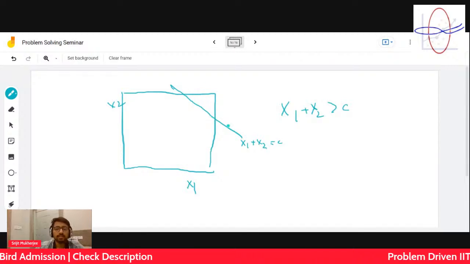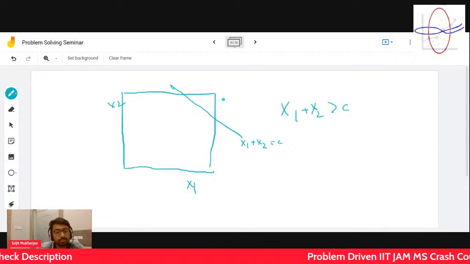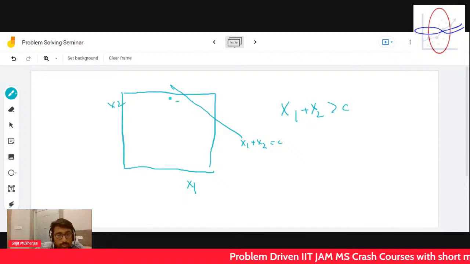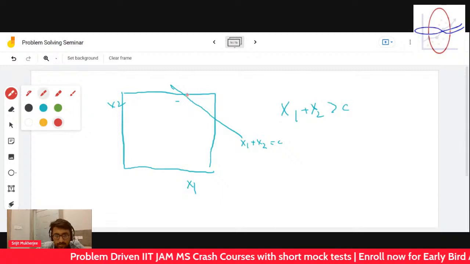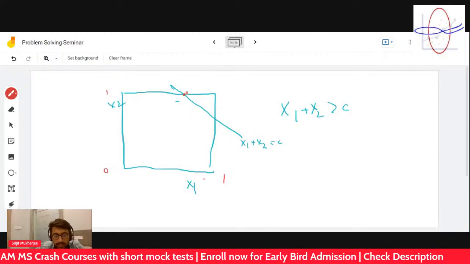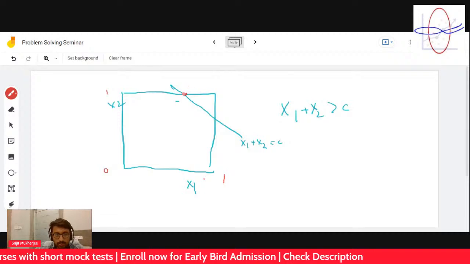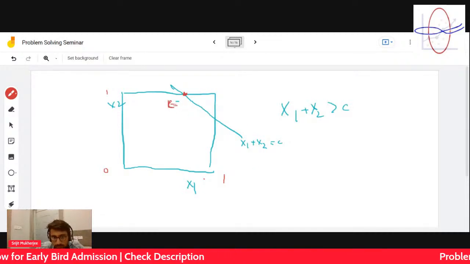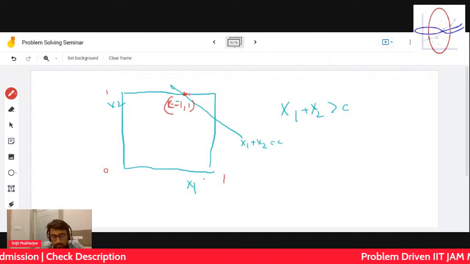The region's probability is 0.05, so the region is very, very small. Each axis goes from 0 to 1. The sum is c, so this point is c minus 1 comma 1, the height is 1. And here it's 1 comma c minus 1.